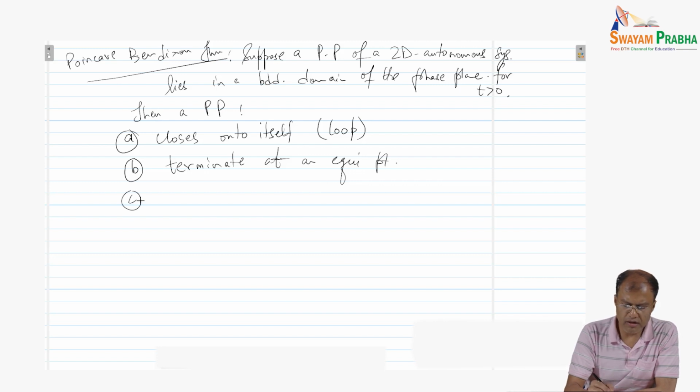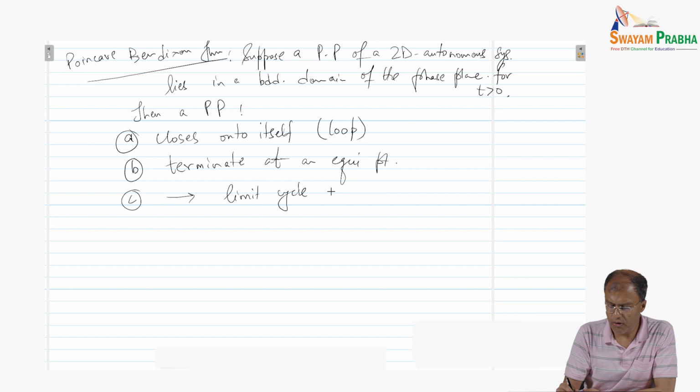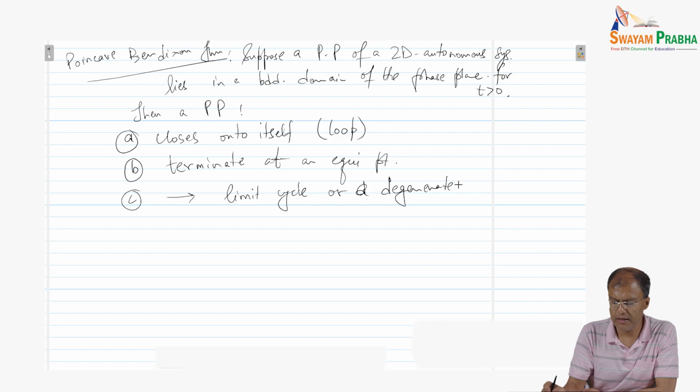Or the third case is the phase path tends towards a limit cycle, or a degenerate limit cycle. I call limit cycle LC. So let me draw all these cases.